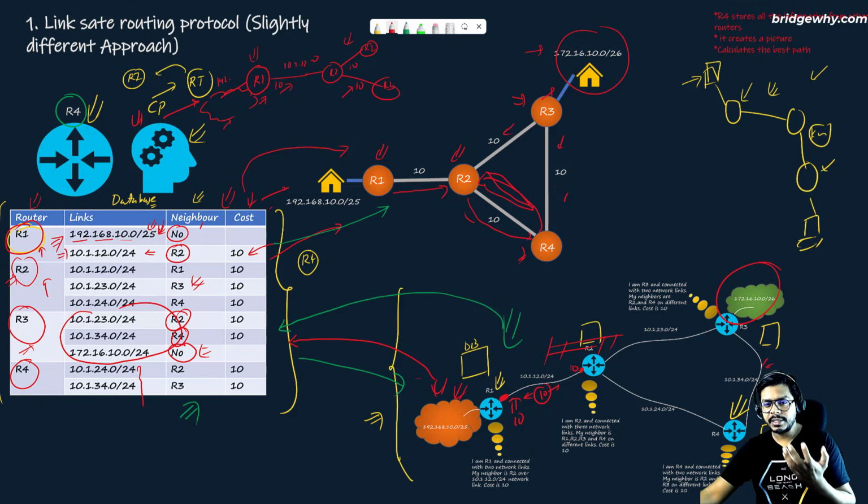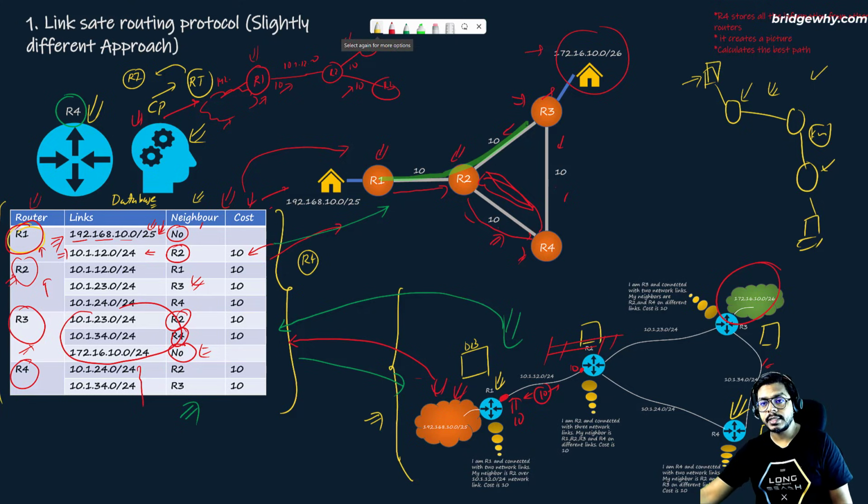If you have a complete picture in your mind, can you come across a routing loop? No, absolutely no, because you know the complete picture. Why on earth would you want to create a loop here, right? You can straight away go from here to here, right?